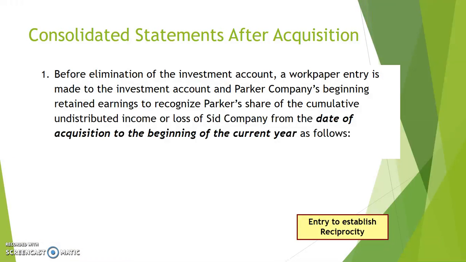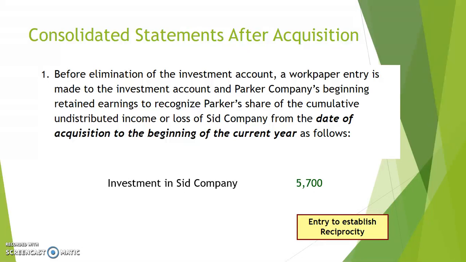Now, consolidated statements after acquisition, when we're using the cost method, before the elimination of the investment account, a working paper entry is made to the investment account of the parent to recognize the retained earnings of the sub, the cumulative undistributed income or loss of said company from the date of acquisition to the beginning of the current year.